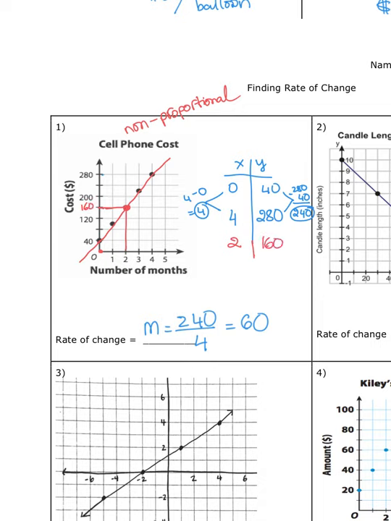If we divide 280 by 4, you get 70. And 160 divided by 2, you get 80. These numbers are not the same, so of course it is non-proportional. Proportional is when it crosses the origin, and this number right here is the same.